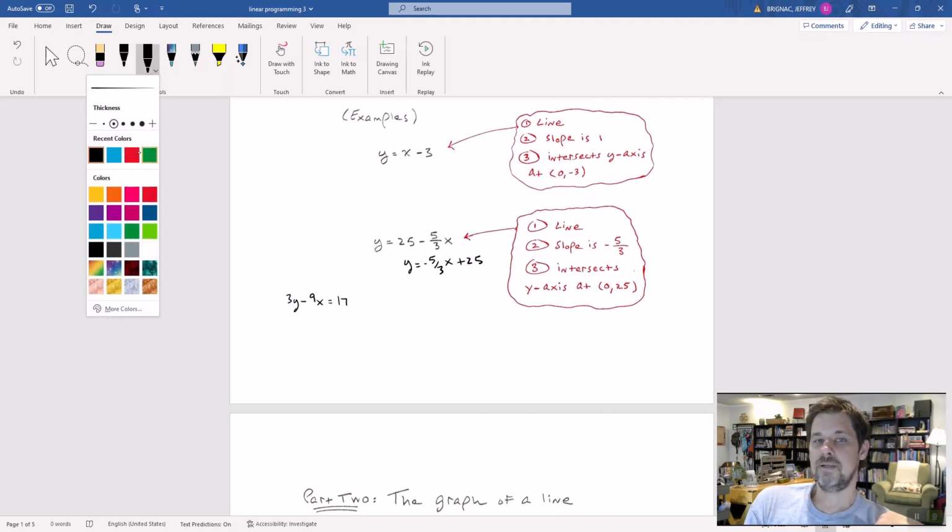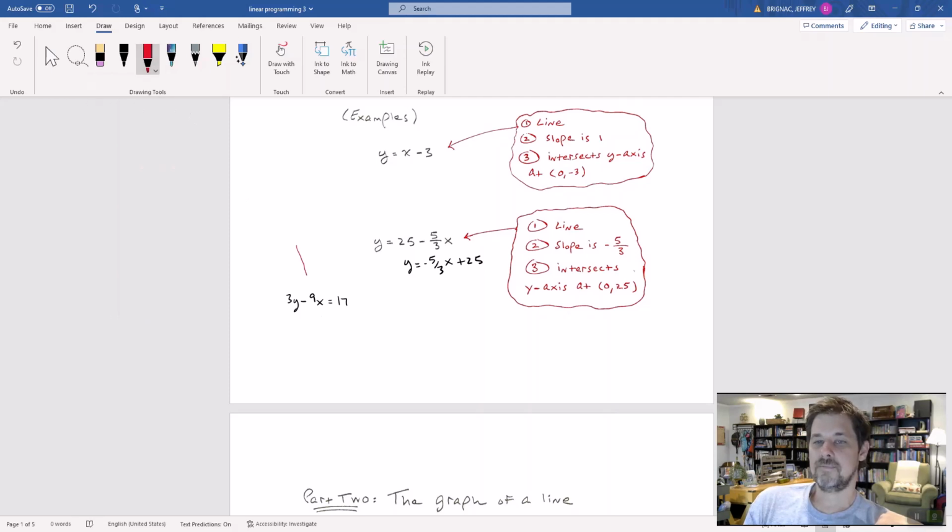When I see this one, I am expecting, if it's a line, that it would look like y equals mx plus b. It is rearranged a fair amount, but look, if I solve it for y, I can see these other things that I want to see. For example, in order to get this, I add 9x to both sides.